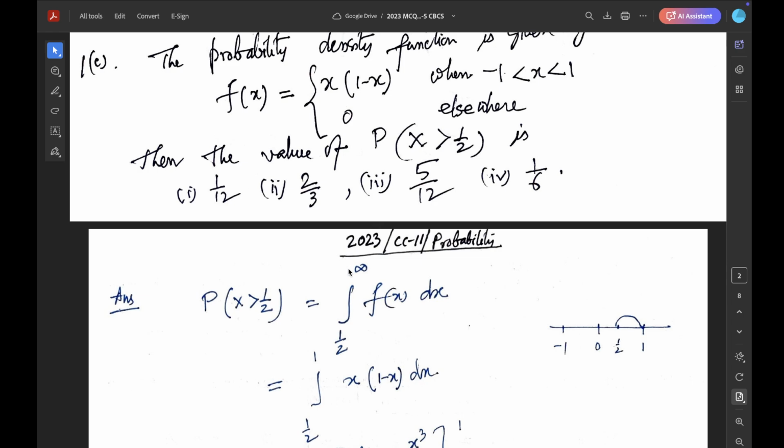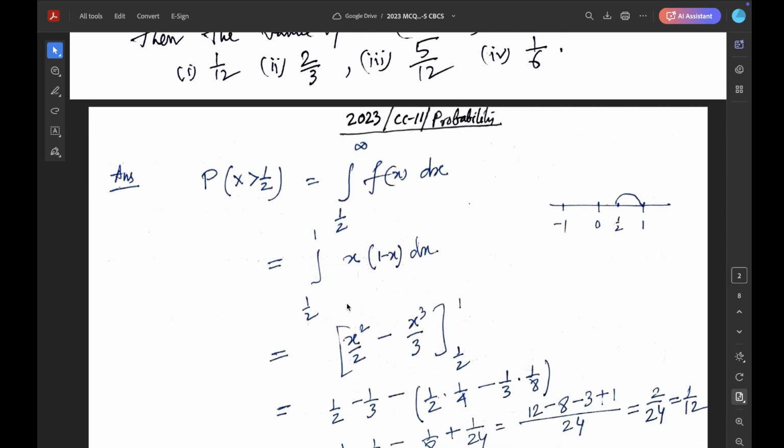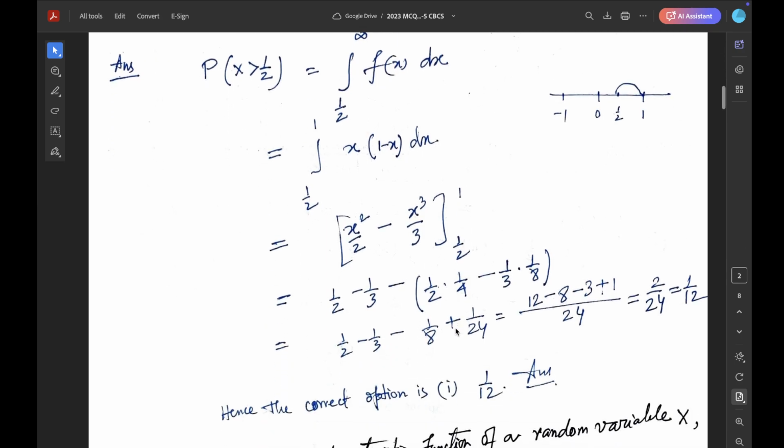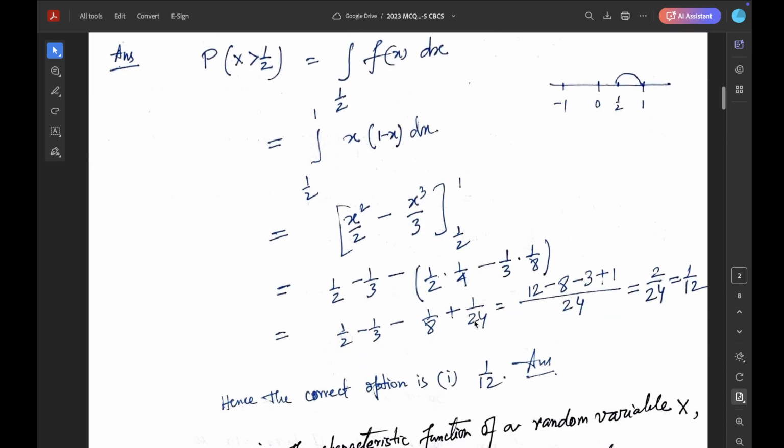So for half to infinity we get actually half to 1 of x into bracket 1 minus x dx, and for the other interval 1 to infinity it is 0. Integrating, this is x square by 2 minus x cube by 3, lower limit half, upper limit 1, and after simplification we get this equal to 1 by 12. Hence the correct option is 1, this 1 by 12.